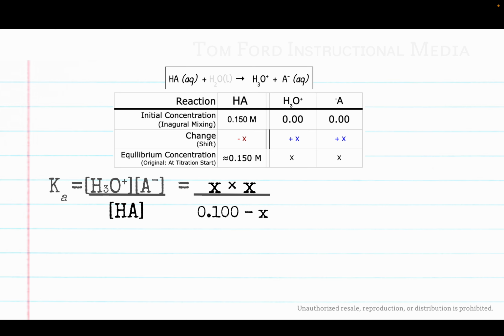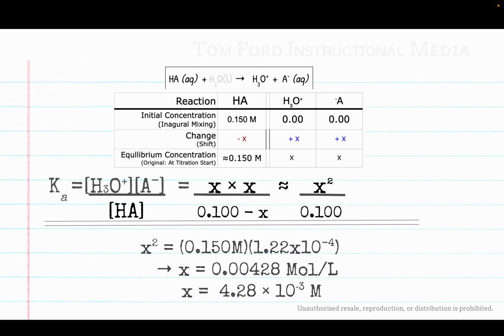Substituting terms of X, since X is small compared to the initial acid concentration, we can simplify the expression, and this avoids the use of the quadratic formula. Solving for X using the Ka value tells us the concentration of hydronium ions after that initial shifting occurs.